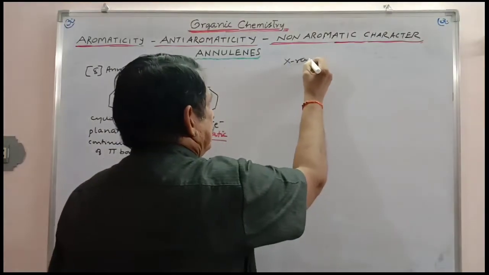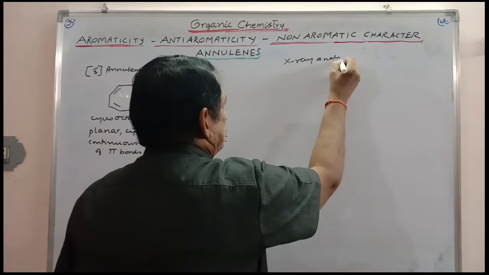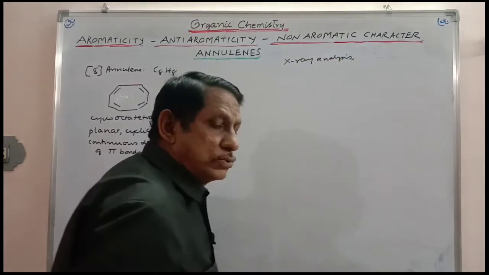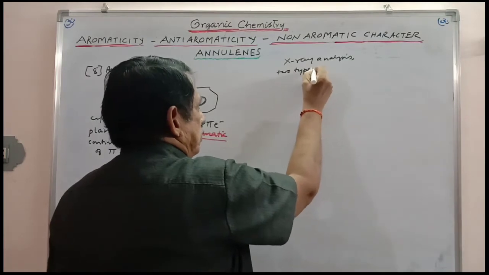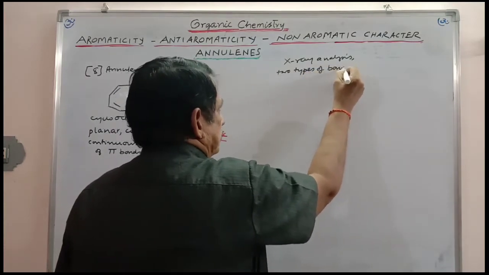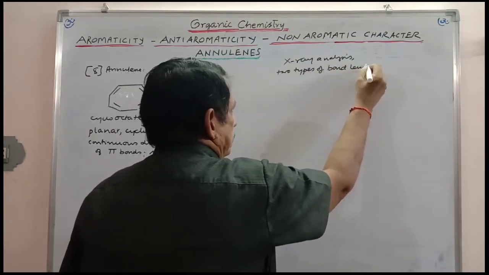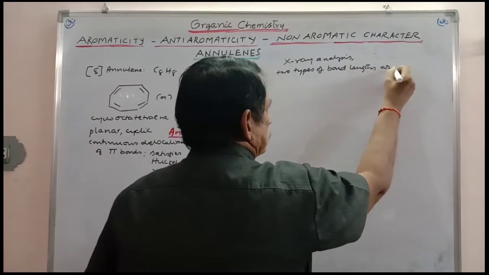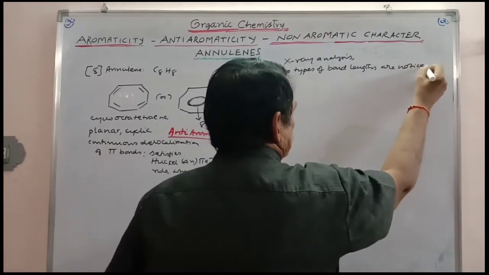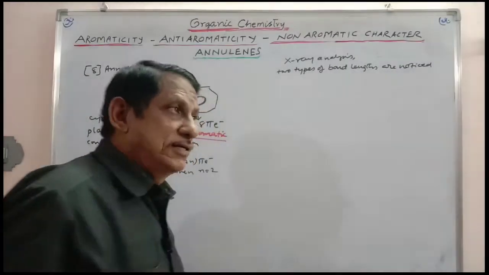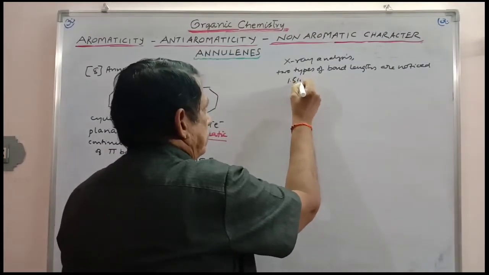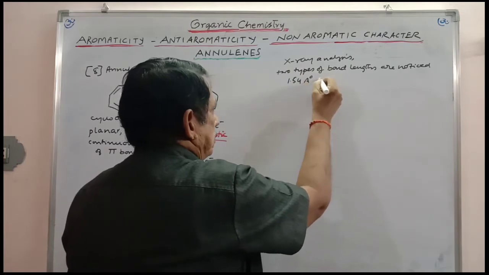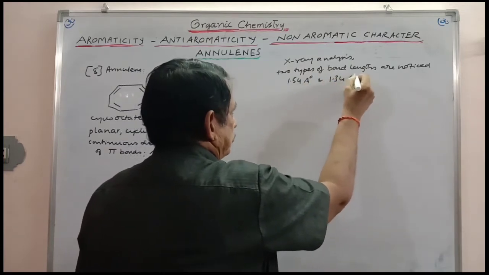If you take the X-ray analysis, two types of bond lengths are noticed in cyclooctatetraene: 1.54 angstroms and 1.34 angstroms.